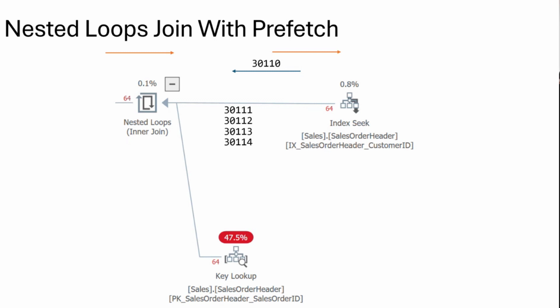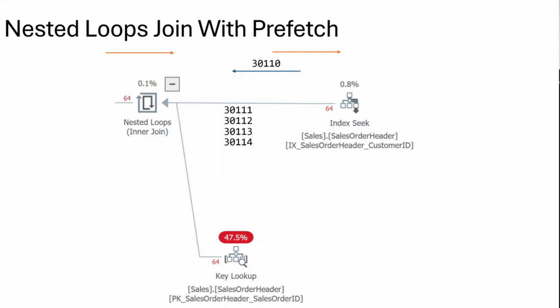If ordering is required, then the with ordered prefetch property we've seen in the execution plan is set to true in the nested loops properties window. If ordering is not required, SQL Server processes the customer IDs in the order they arrive in the buffer pool, and the with unordered prefetch flag is set to true.